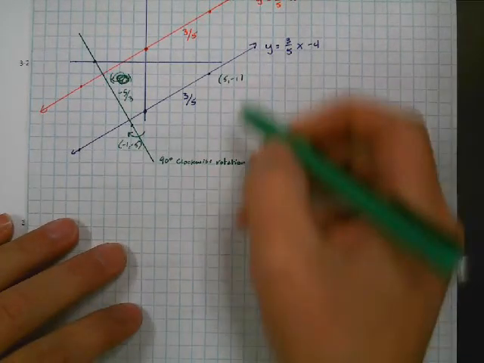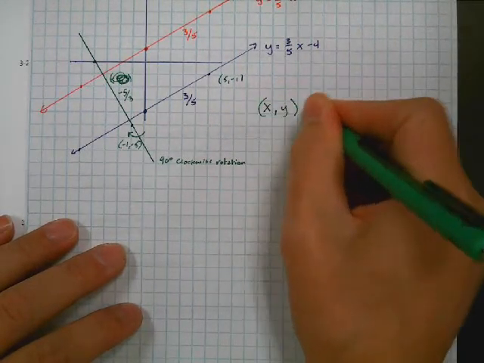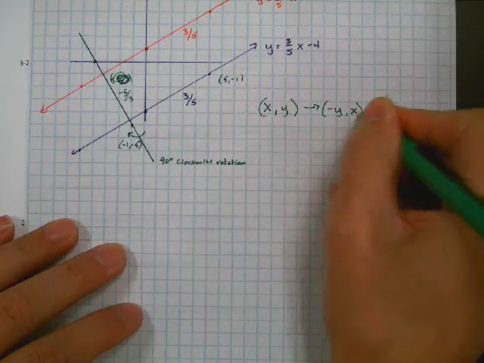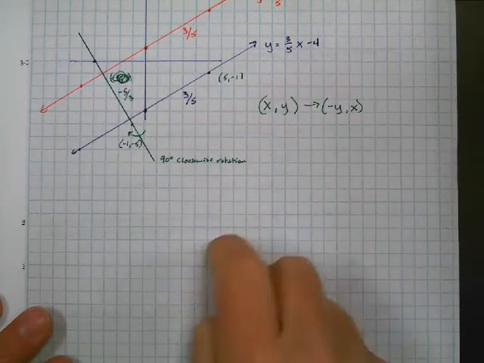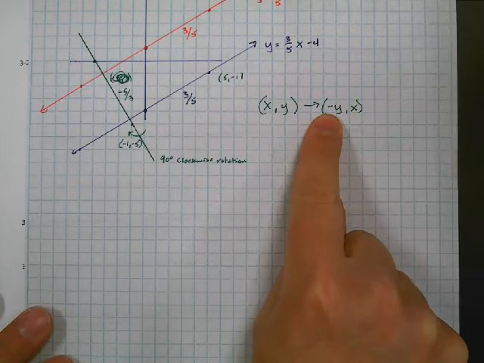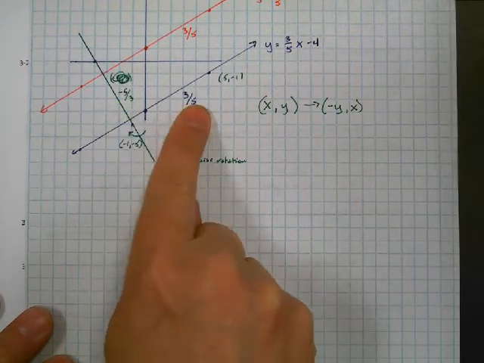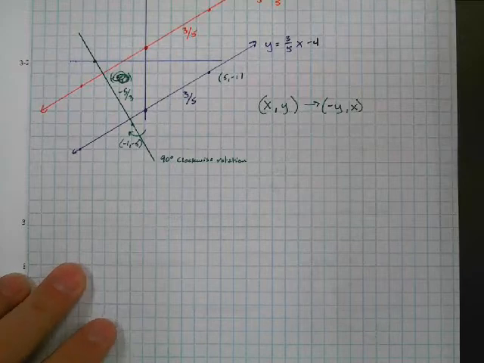Now remember, the coordinate notation for what we just did was -y, x. So what's happening? Well, the x and y are switching places, and we're switching our sign on the y. Well, look what happened to the slopes. The x and the y's are switching places, and one's going from a positive to a negative. So it has something to do with that.